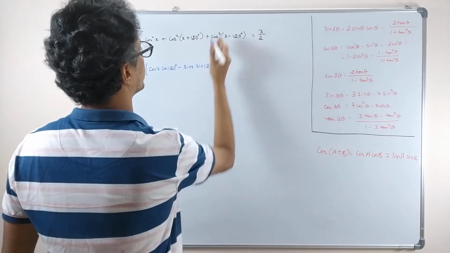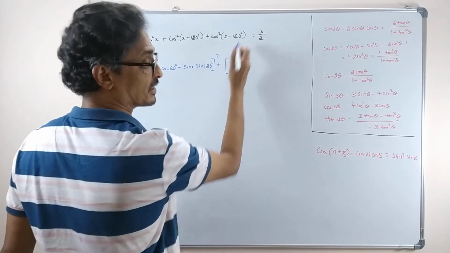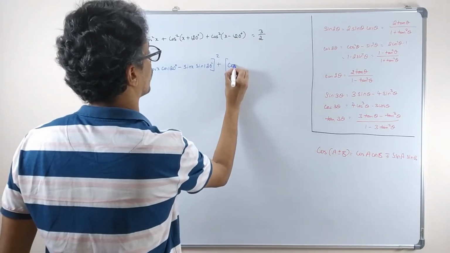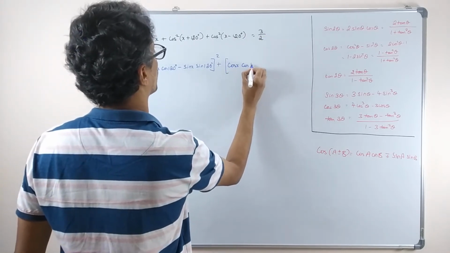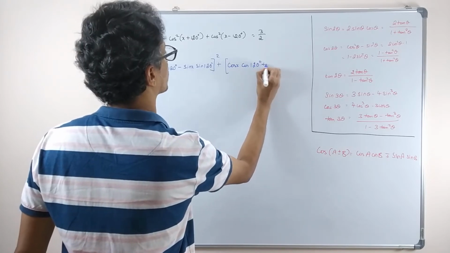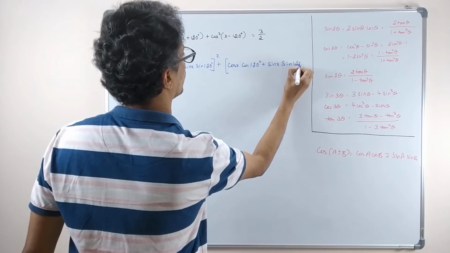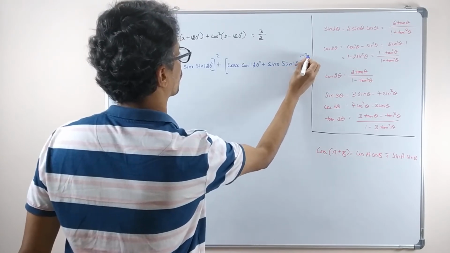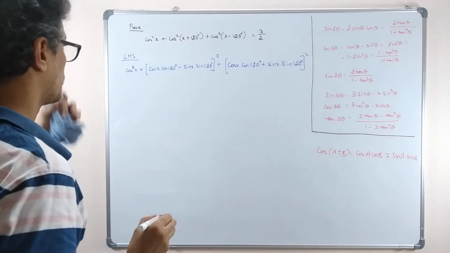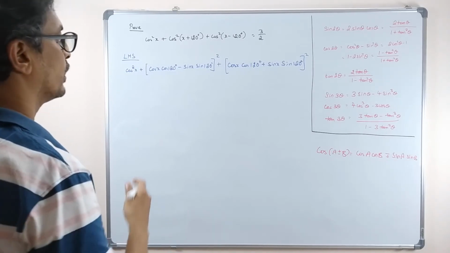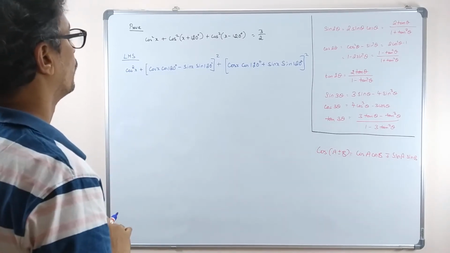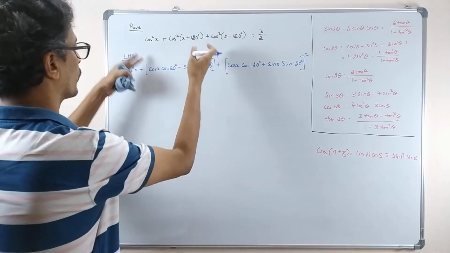Plus, again the same thing. So this will be x minus, right? So it becomes plus: (cos x cos 120 degree plus sin x sin 120 degree) whole square. Okay, so let us square both the sides.